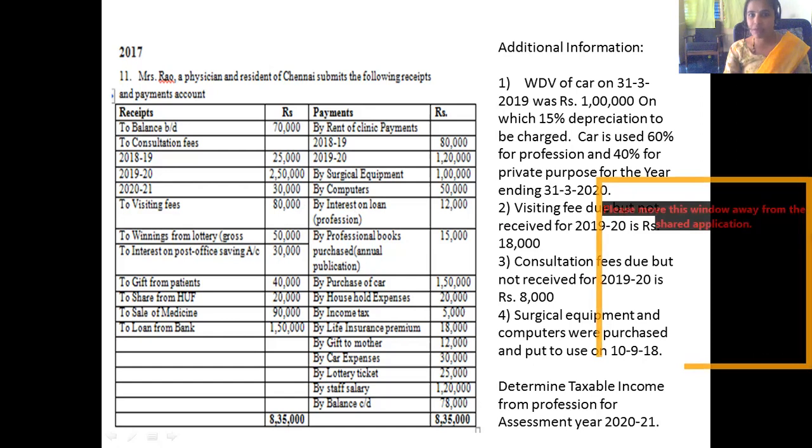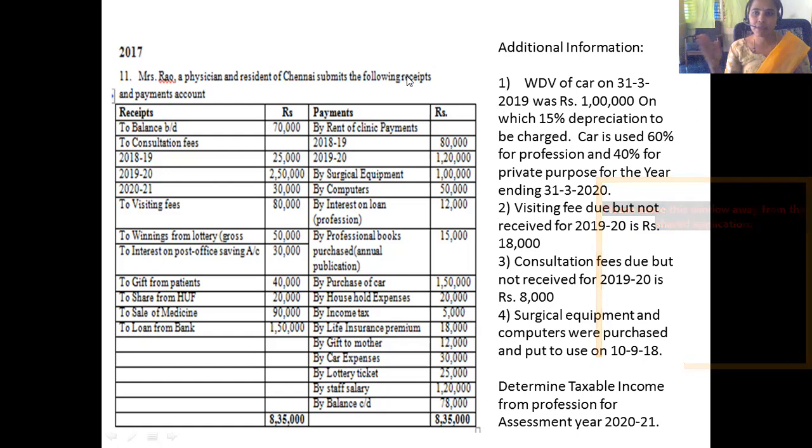When books of accounts are maintained under receipts and payments account, what I receive in cash counts; outstanding amounts never come anywhere. Even the consultation fees due but not received will not come. Surgical equipment and computers were purchased on 10/9/2019. Make a correction. So it is completing 180 days, and we go with the rate of depreciation multiplied by the value of the equipment.